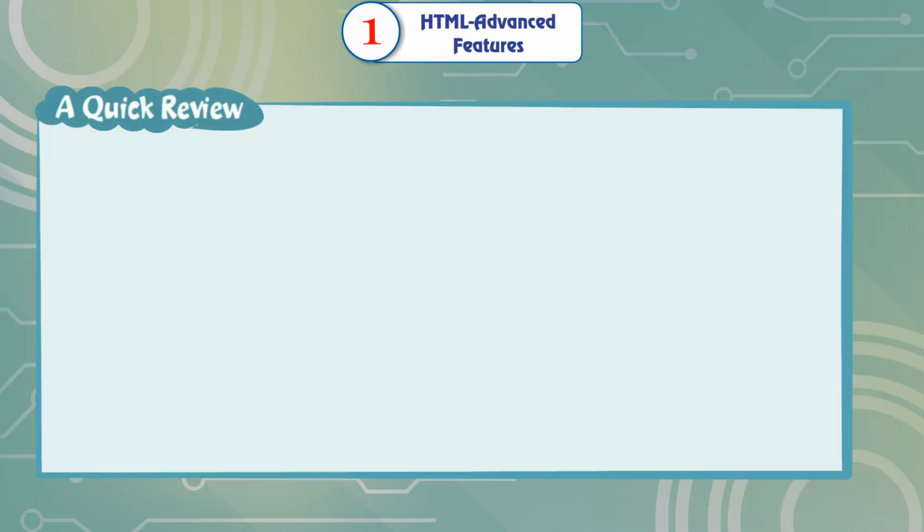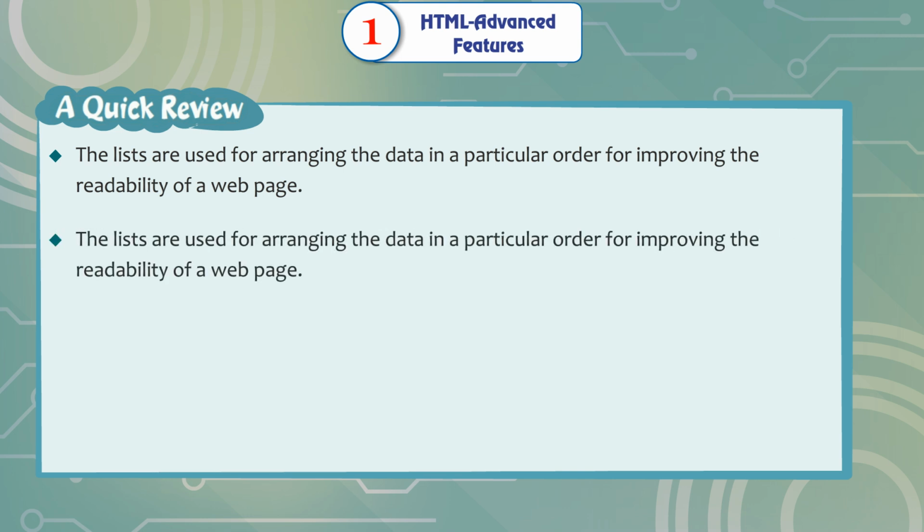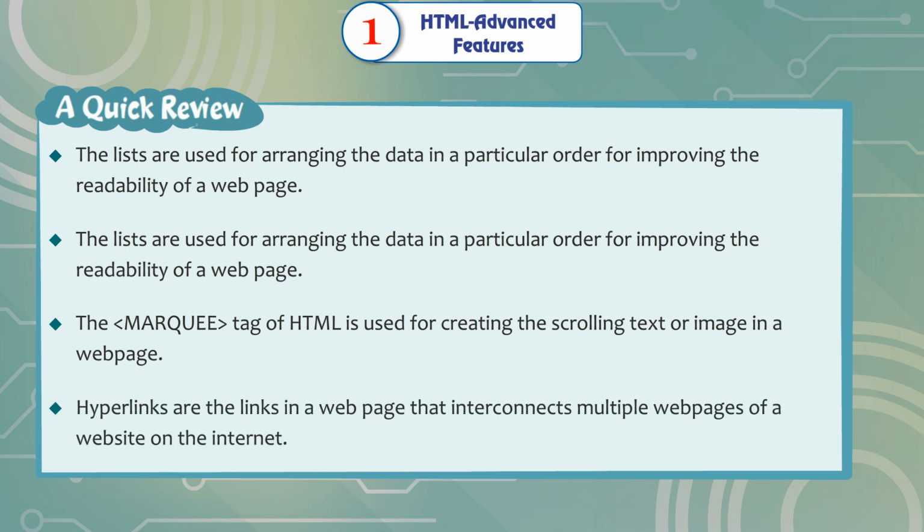A quick review. Lists are used for arranging the data in a particular order for improving the readability of a web page. There are 4 types of lists in HTML: ordered list, unordered list, definition list, and nested list. The marquee tag of HTML is used for creating scrolling text or image in a web page.